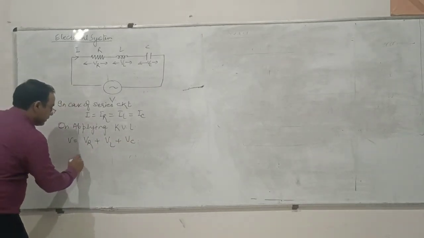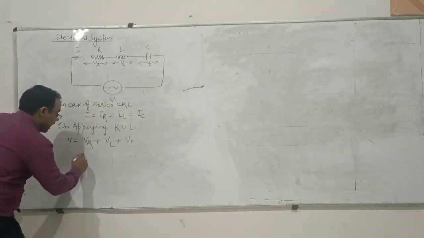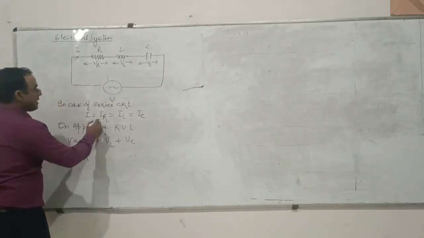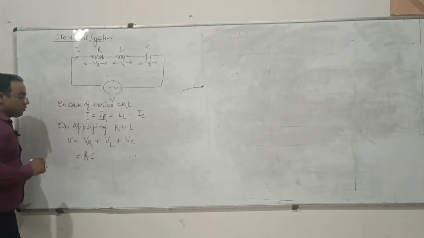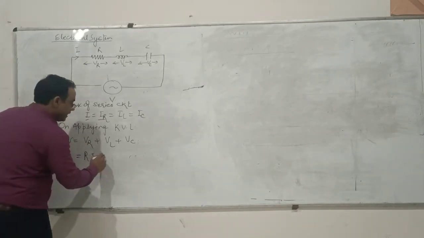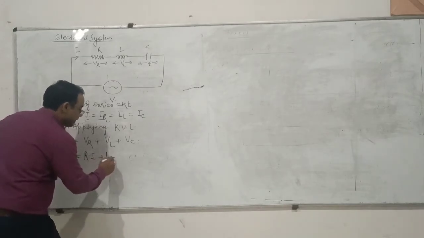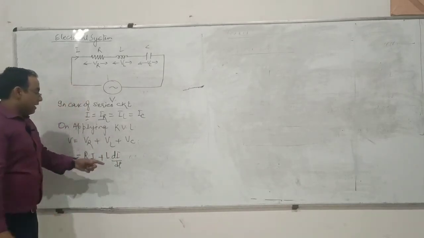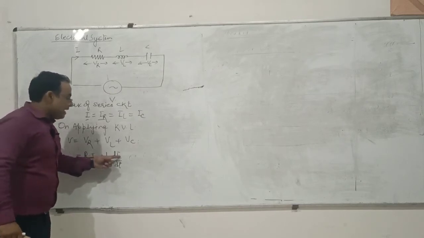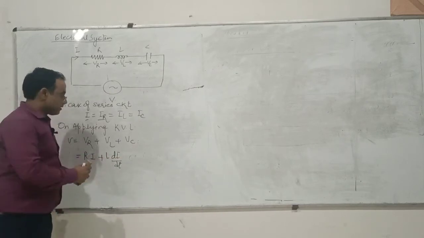VR can be written as R into IR, and IR equals I. So it can be written as R into I, plus VL can be written as L into di upon dt, where IL is replaced by I here.